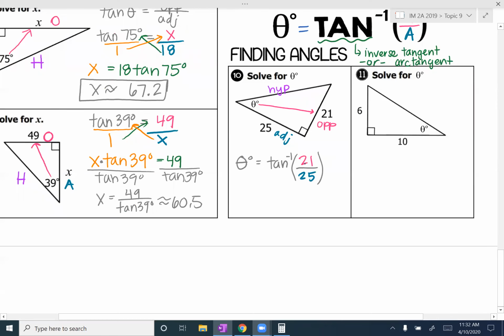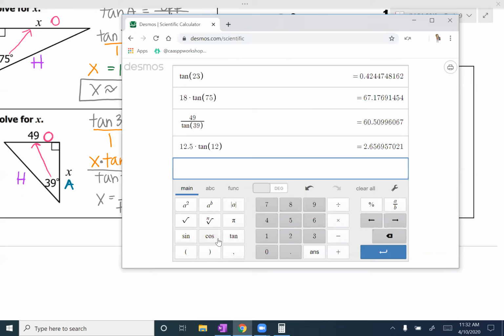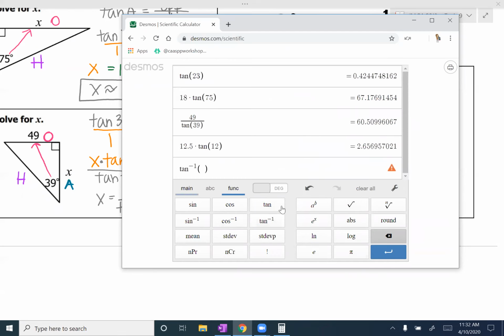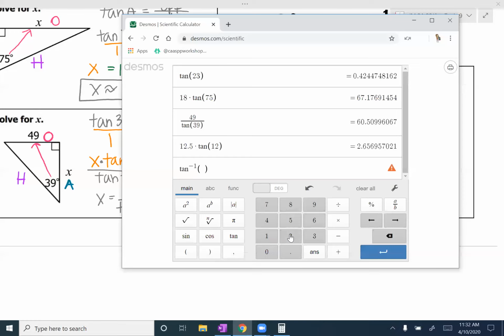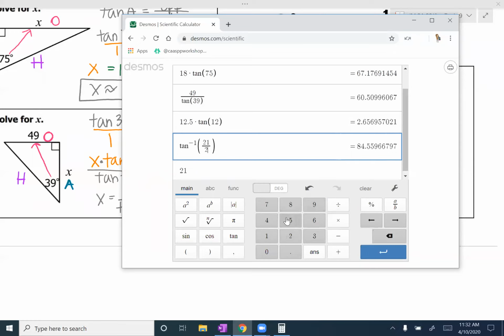So this is, again, strictly calculator. Let's do Desmos first. So I want to type in what I have, inverse tangent of 21 over 25. Notice I don't have inverse tangent readily. It is under functions. So I'm going to do inverse tangent, and then I do inverse tangent of 21 divided by 25.